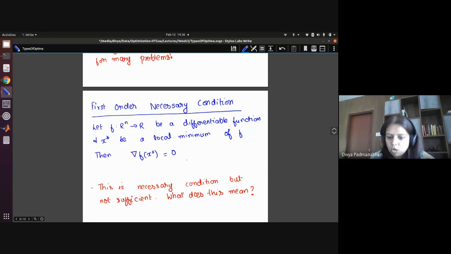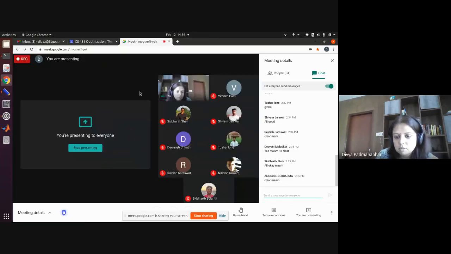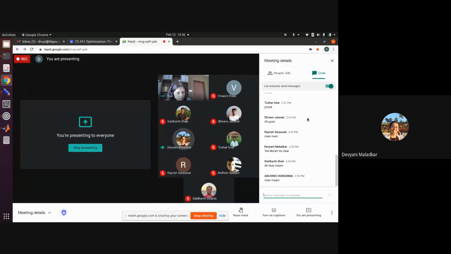Any thoughts? What do you mean by this being a necessary condition but not sufficient? If the condition is satisfied, it's not guaranteed that you'll find it, but in order to find it, it has to be there.